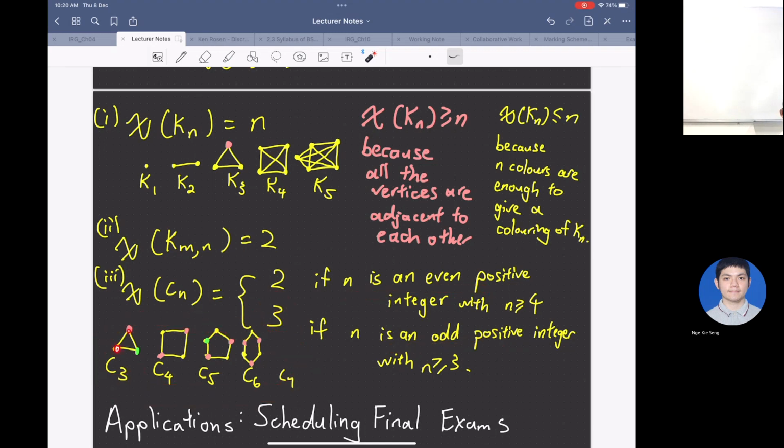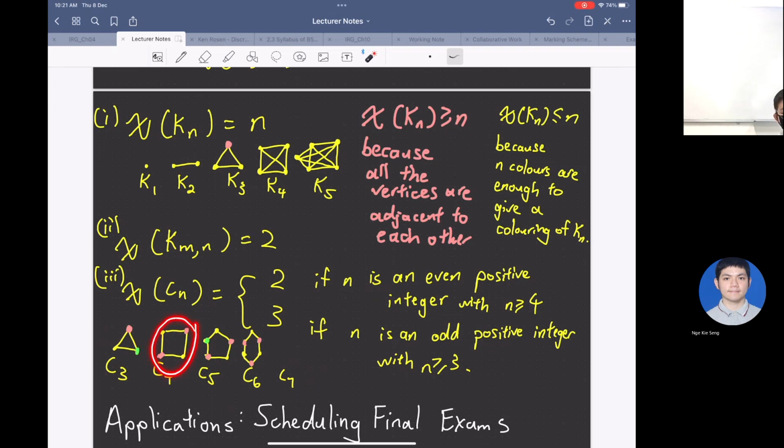So if you look at the triangle here, you fix the first vertex as yellow, the second as blue, then red, and then the third one you can't put yellow again, because otherwise these two yellow will be the same. So you need to add an extra color in.